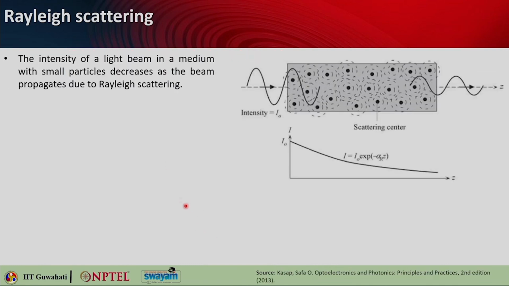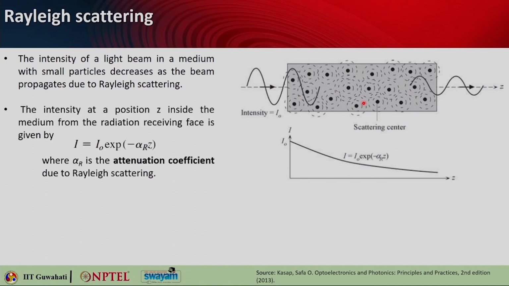So, the intensity of a light beam in a medium which has small particles decreases as the light beam propagates through this medium due to Rayleigh scattering. And how do you quantify this loss of intensity? You can write that I, the intensity, is I naught, which is the incident light's intensity, times exponential minus alpha r times z.